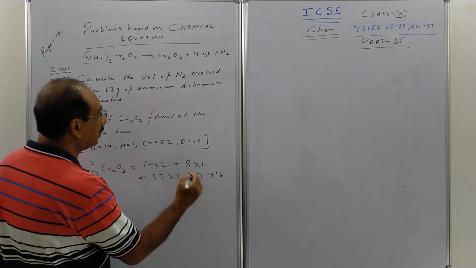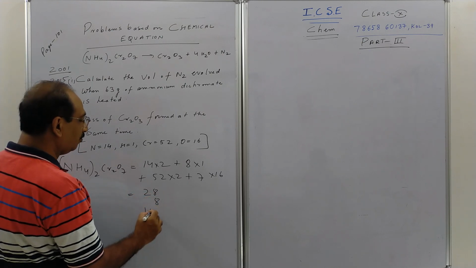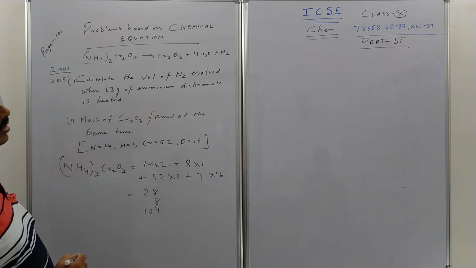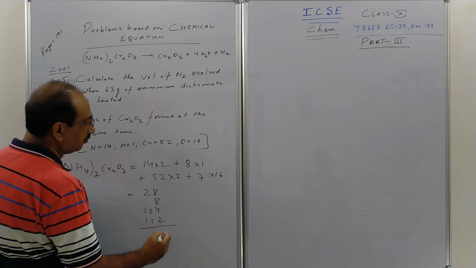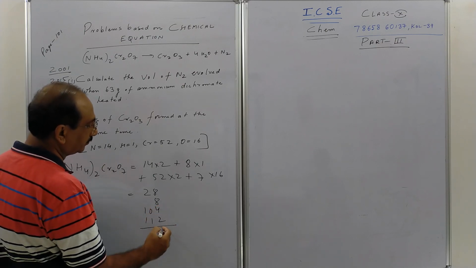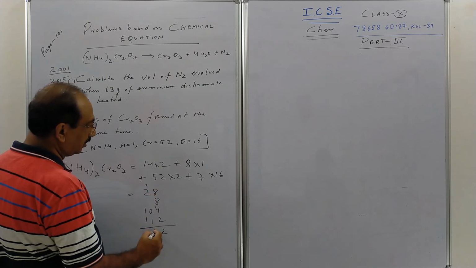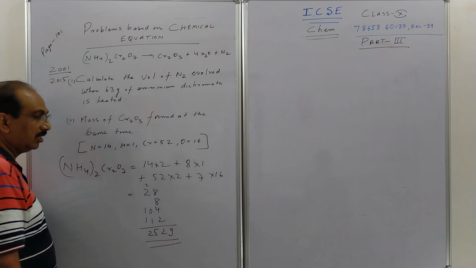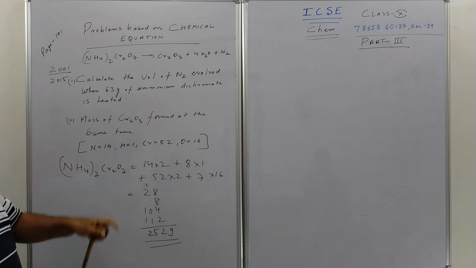So let us add: 28 plus 8 plus 104, 16 sevens are 112. So when we add, children, we get 252 gram as the molecular weight of ammonium dichromate. Please copy this, otherwise I will rub it.